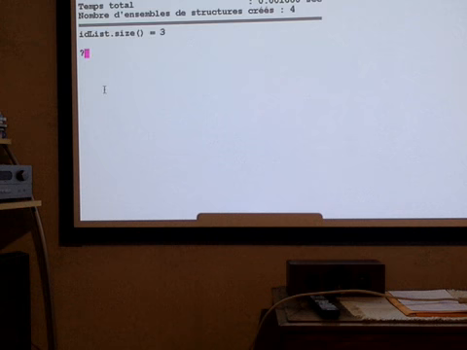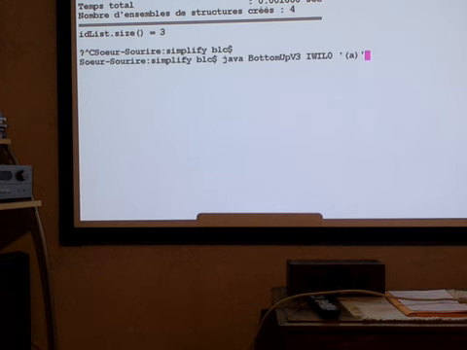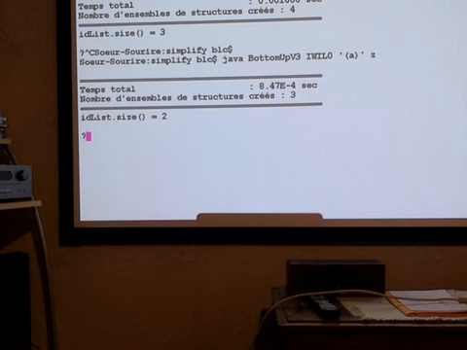Okay. In fact, the algorithm has created one set of structure.